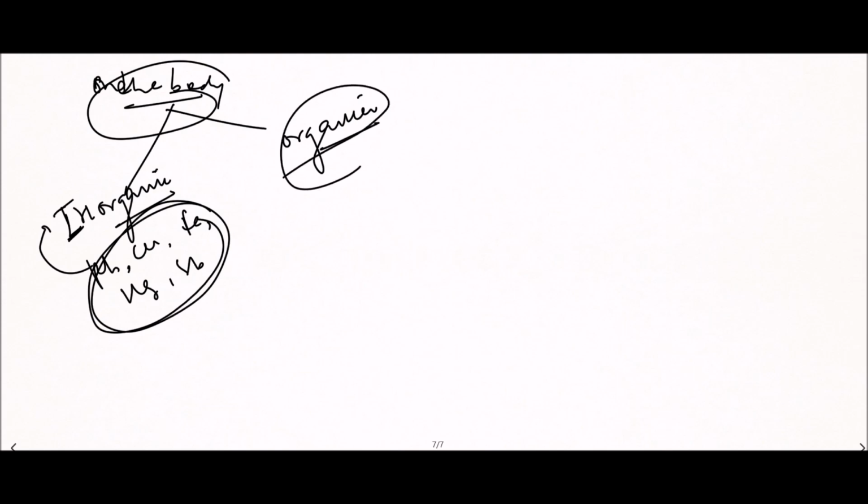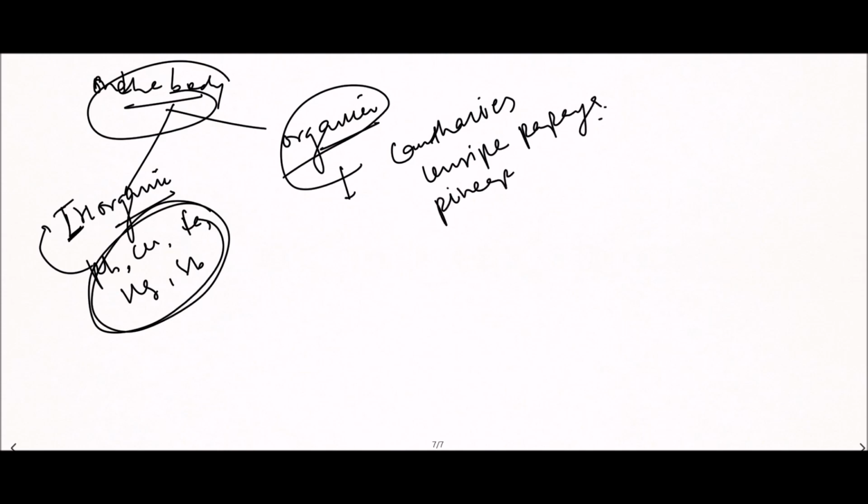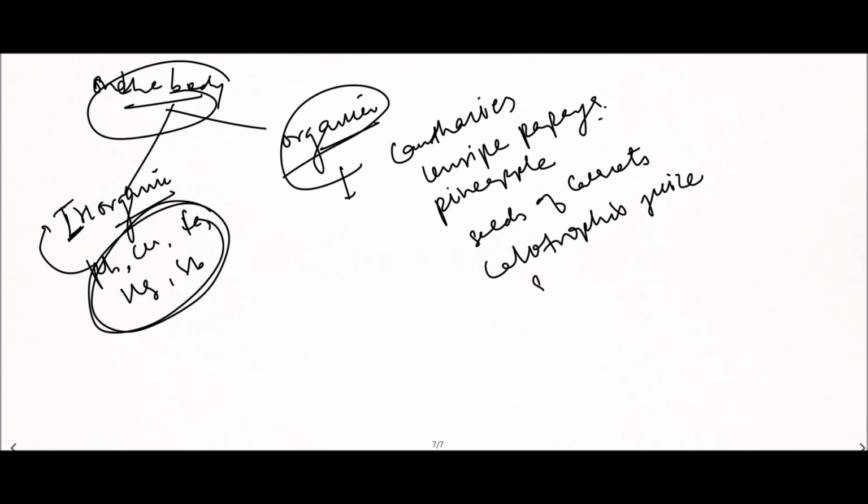Now, organic irritants can be the cantharides, unripe papaya fruit, pineapple, simply seeds of carrots, juice of calotropis, or saffron.